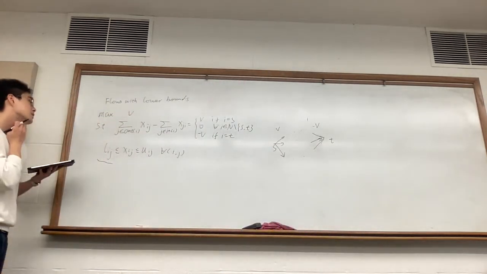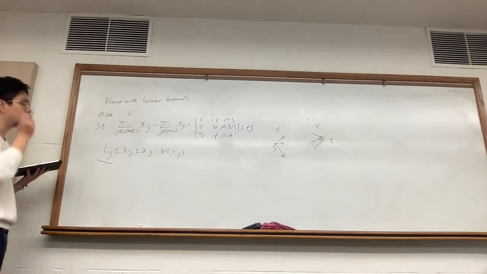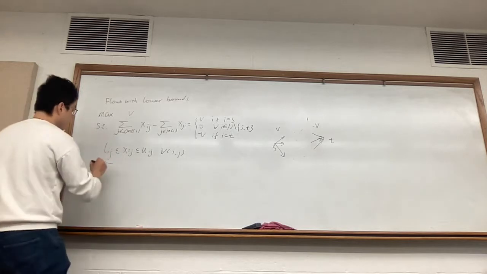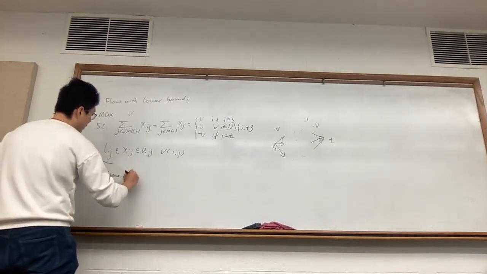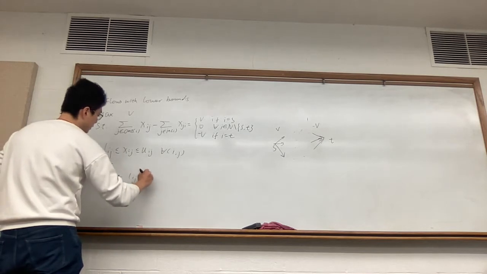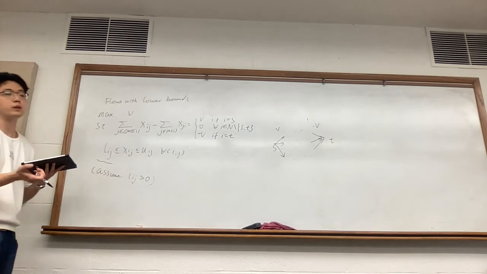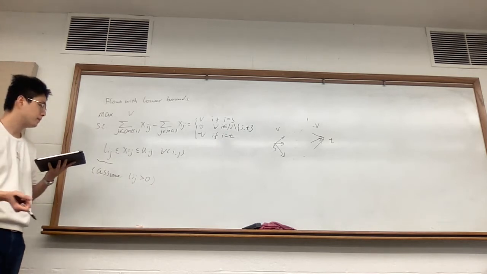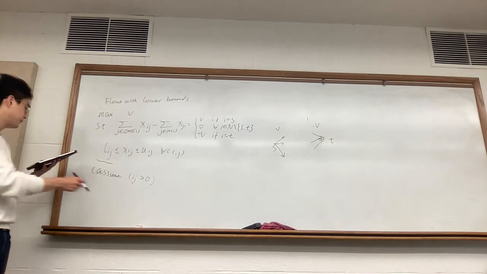Xij is not only less than or equal to Uij, but larger than or equal to Lij. And Lij here, we assume Lij is positive. Otherwise, you can just solve it by the max flow algorithm that you have learned in the lecture. So today we want to discuss this class of problem.